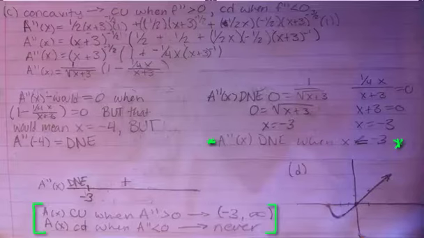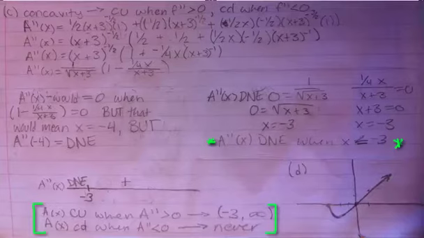And then A double prime of x, the second derivative, is never equal to 0, because the only point where it could be equal to 0 is where the part in parentheses, 1 minus 1/4 x over x plus 3, is equal to 0, and that would be at x equals -4, but the second derivative does not exist at -4, so the second derivative is never equal to 0.